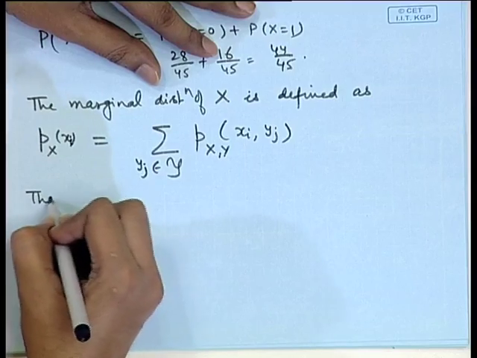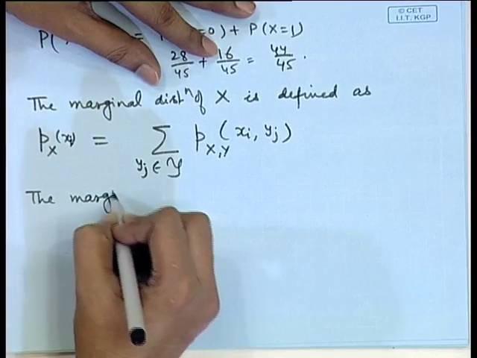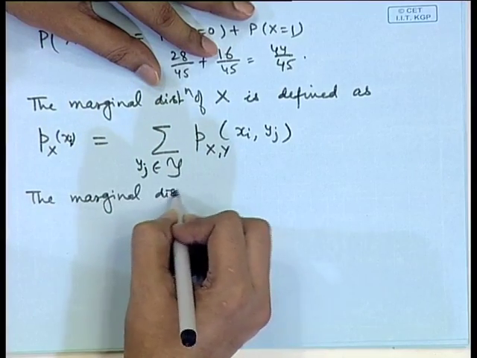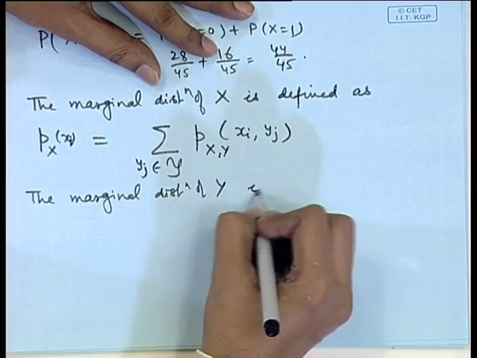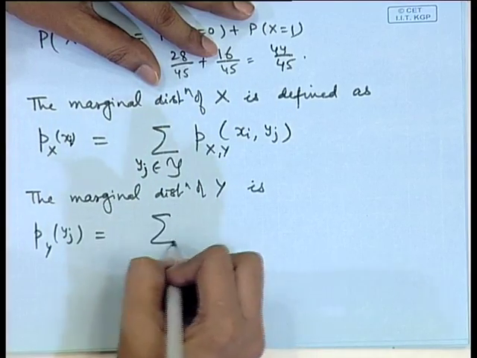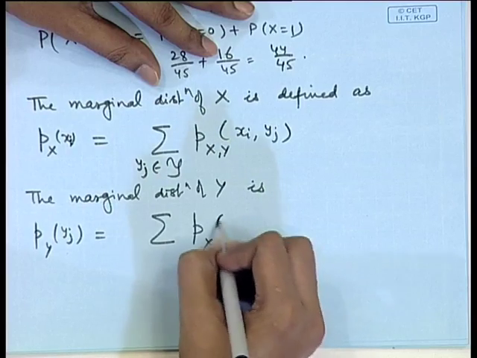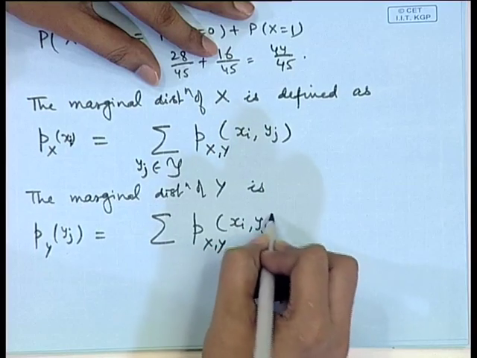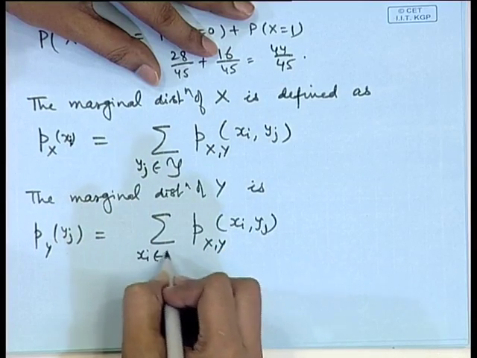Similarly, the marginal distribution of y is obtained by adding the joint probability mass function with respect to x_i.